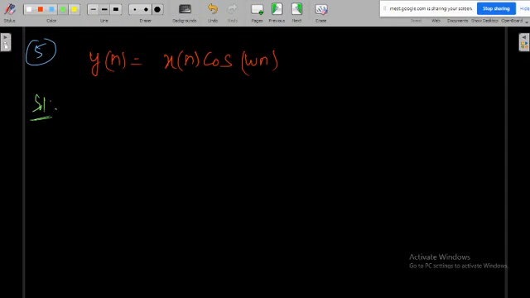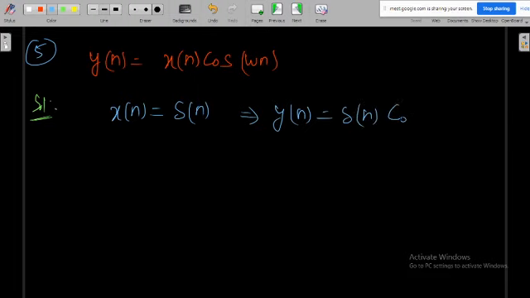What is the input? x of n is equal to del n, then the output y of n is equal to del n cos omega n. Wherever x of n is there you have to replace it with del n. You should not change the other functions. You write it as it is.